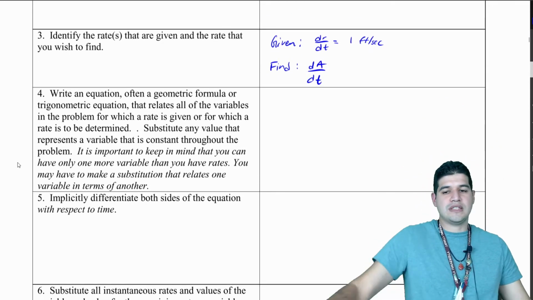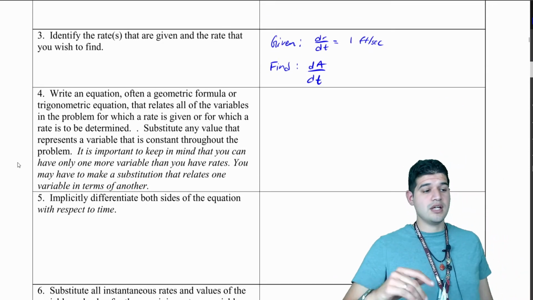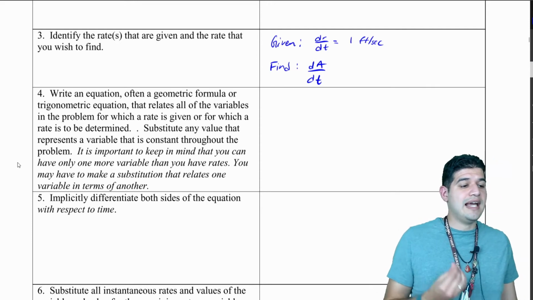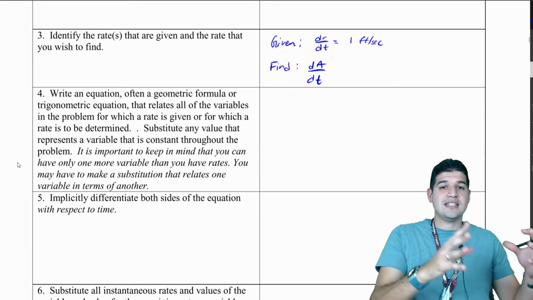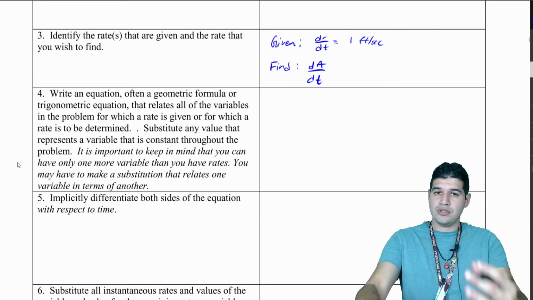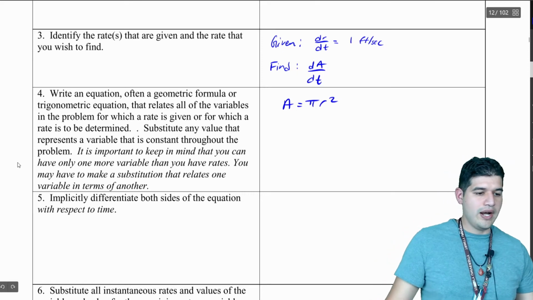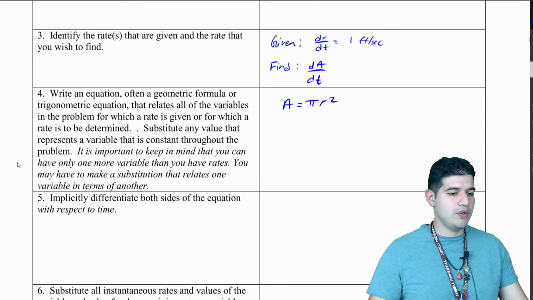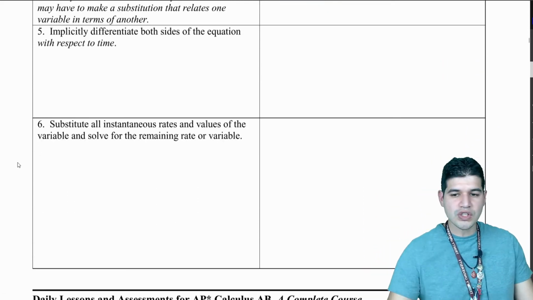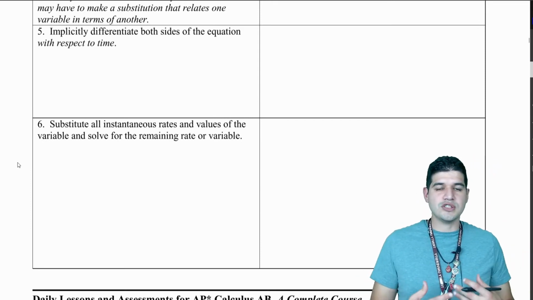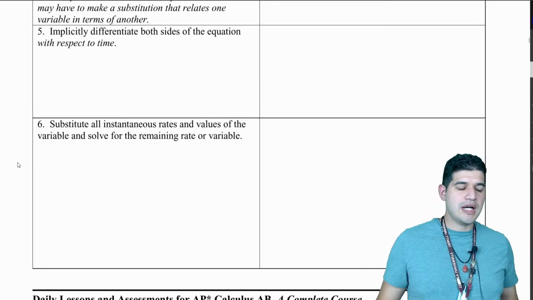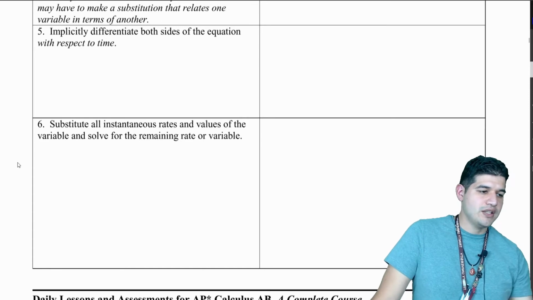So what is going to relate the rates? What is going to relate everything between radius and area of a circle? Well, that's going to be A equals pi r squared. Nothing really to substitute yet, but we will if we need to. So taking that function A equals pi r squared, we want to take the derivative.